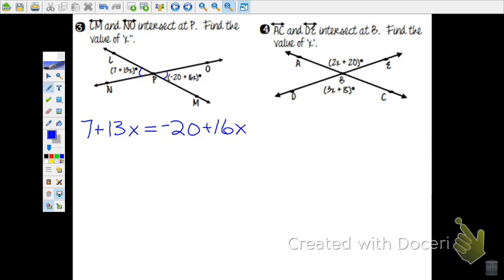So here I've got a variable on both sides. I pick on the little guy, get rid of the 13x. So 7 equals -30 plus 3x.